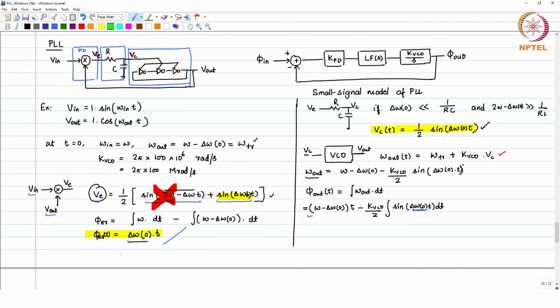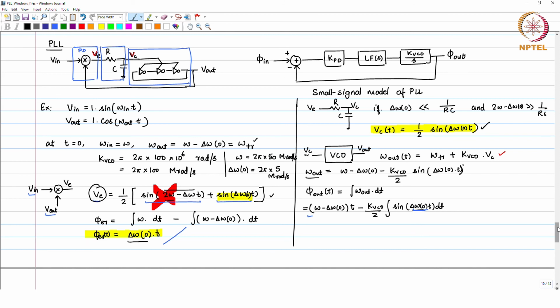And to verify simply, you can think about the example here which I chose, where omega was 2 pi into 50 mega radians per second. Okay. Delta omega 0 was equal to 2 pi into 5 mega radians per second.